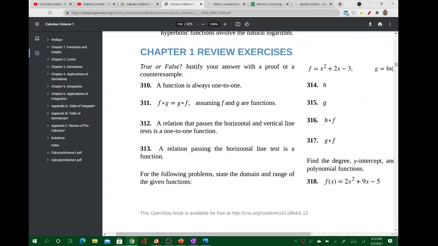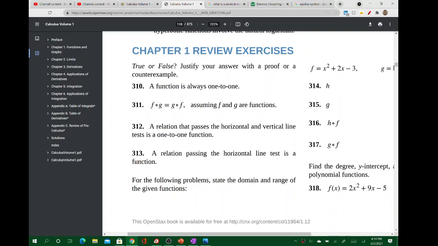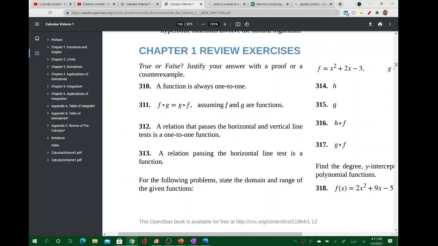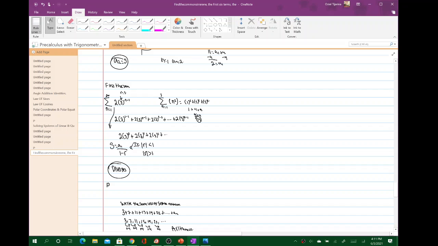So it says true or false, and I'm just going to explain each and every one. So number 310, since this is mostly more of an open-ended response, and I can actually draw a, let me actually, give me 1 second, guys.